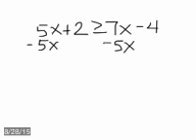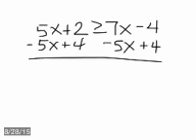Since I'm moving my x's to the right, then I have to move my numbers to the left. So when I go straight down now, what happens with the 5x's? Yep, they cancel out. What's 2 plus 4? 6. Good job.